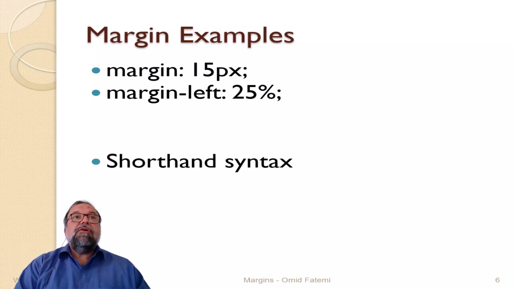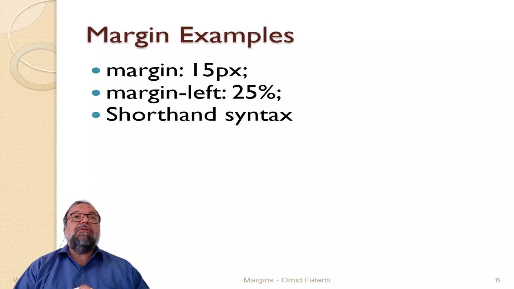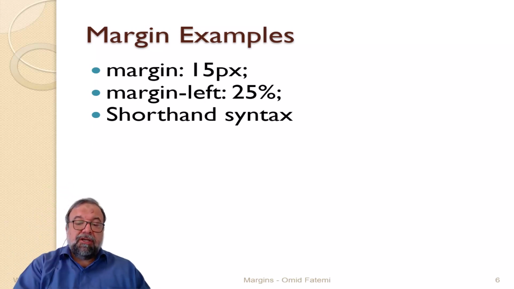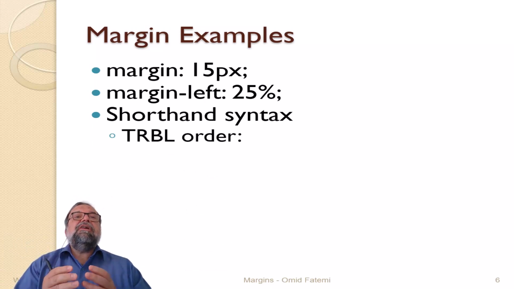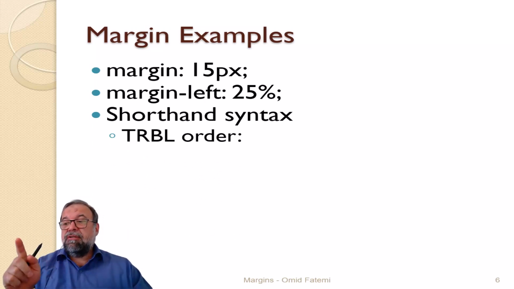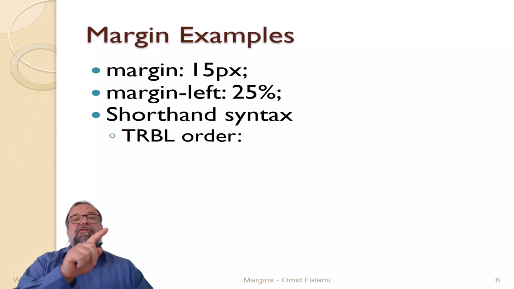We can use shorthand syntax also. In addition to a single value for margin, we can specify multiple numbers, and the numbers are in the order top, right, bottom, left, which is a clockwise rotation, starting from top.